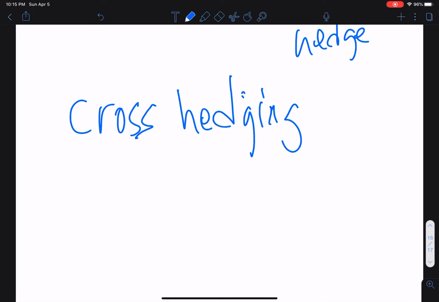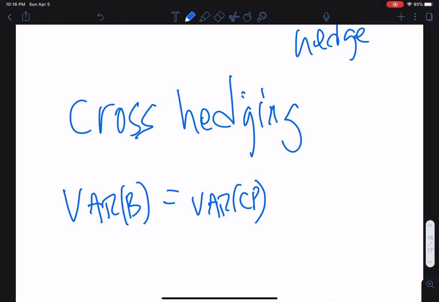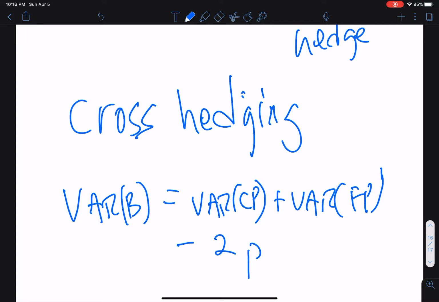Okay, so the correlation is very important. Remember, the variance of the basis is equal to the variance of the spot asset price, the cash price, plus the variance of the futures price minus 2 times the correlation coefficient times the standard deviation of the cash price times the standard deviation of the futures price, right?